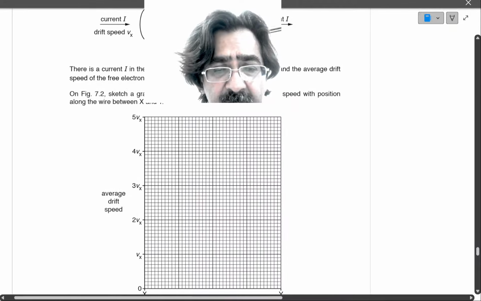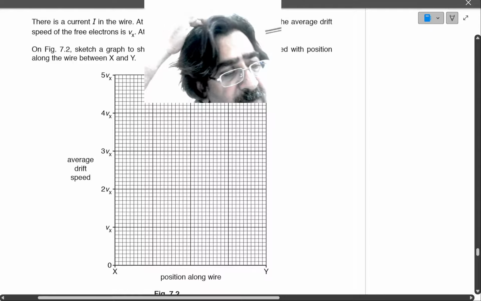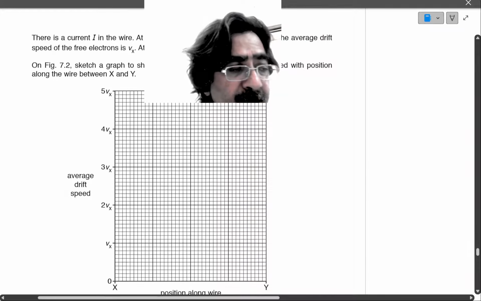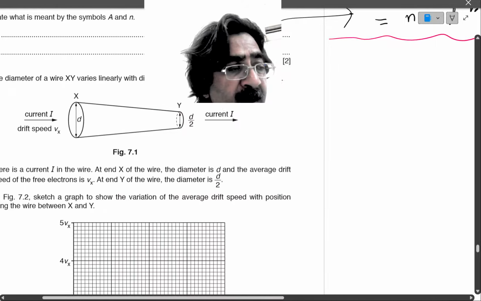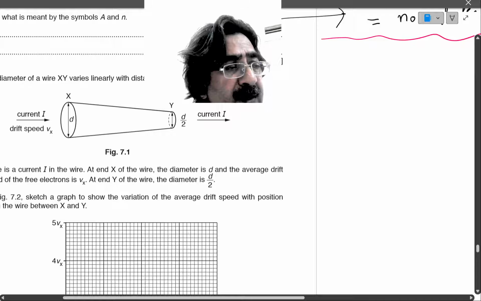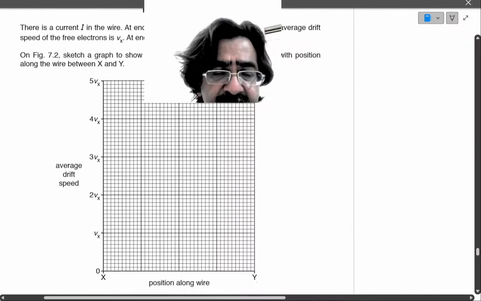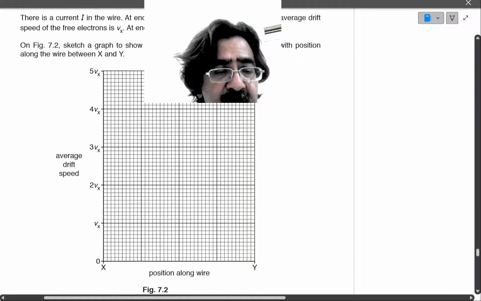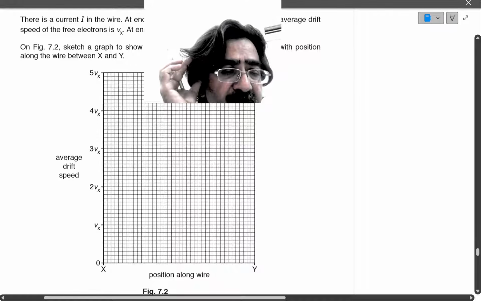Firstly, we have to understand the value along the x-axis, the position along the wire, and along the y-axis the drift velocity.